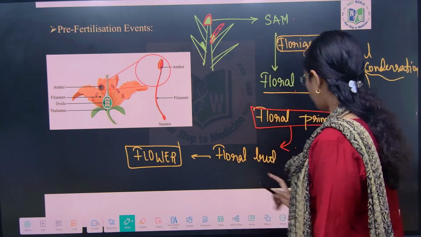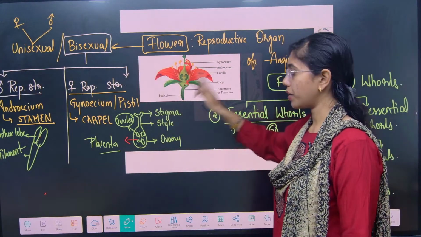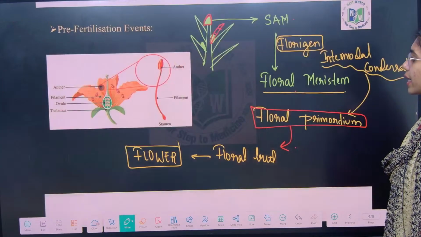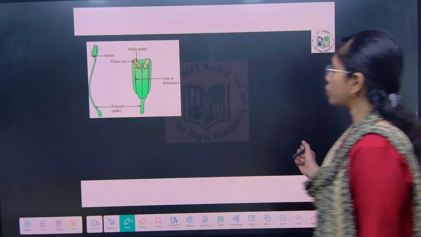Clear, right? And what are the components of a flower? Essential, non-essential whorls, unisexual, bisexual flowers we have covered. Today let us target microsporogenesis in detail.